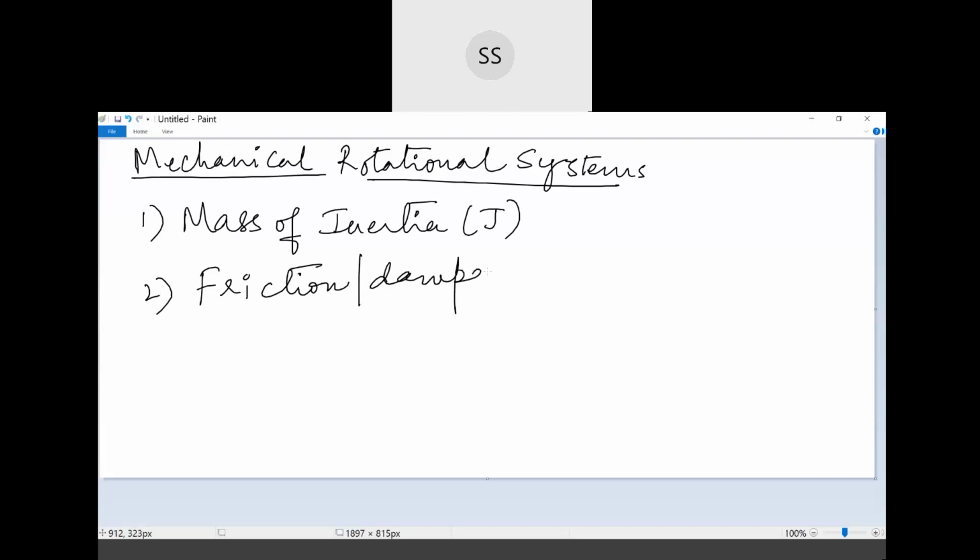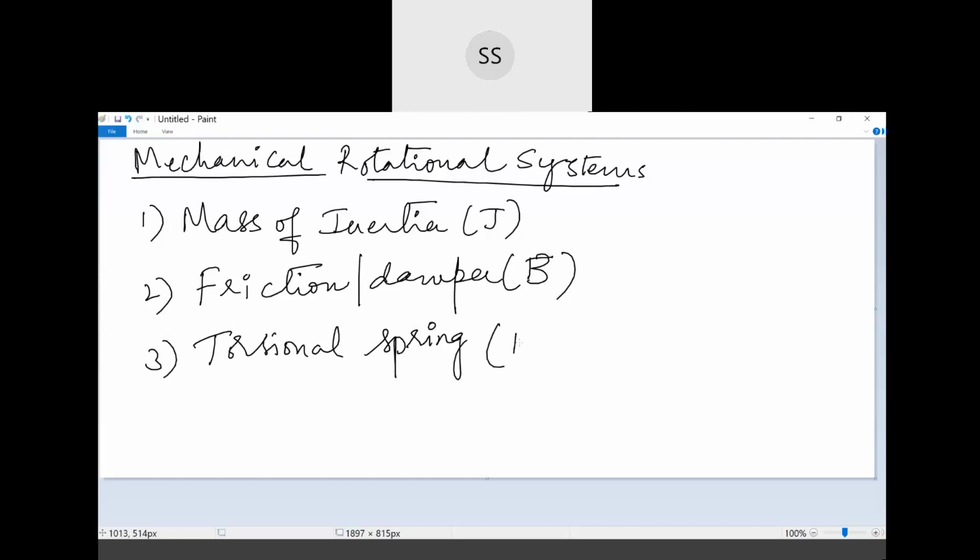This is also again represented by capital B. There is no change in the notation. And the third one is here, the torsional spring. So here also the notation will be K only. The only thing is that the kind of force that is applied will be different.